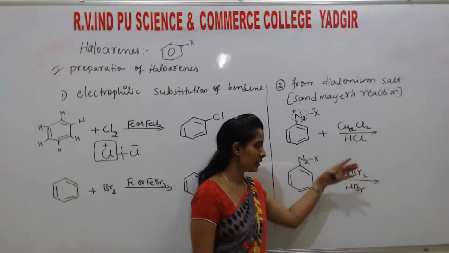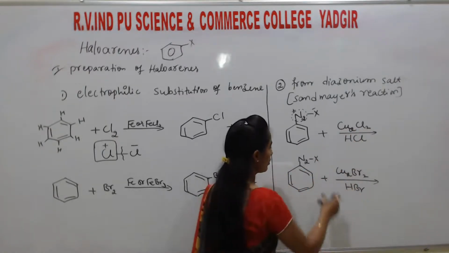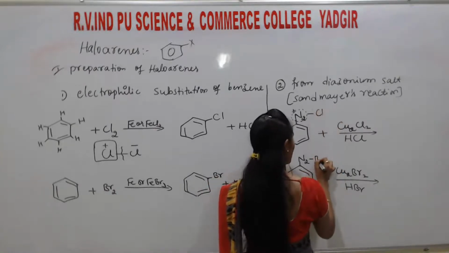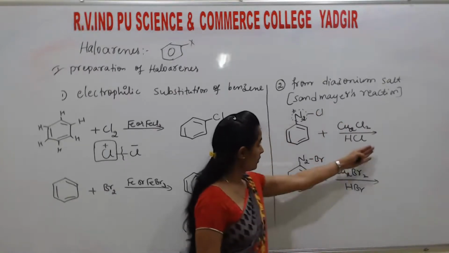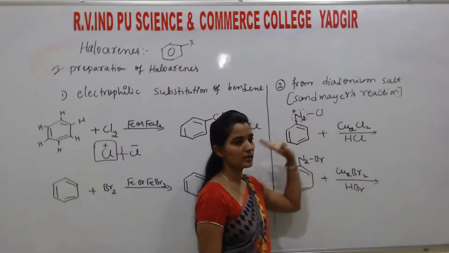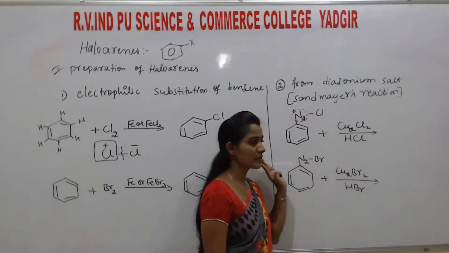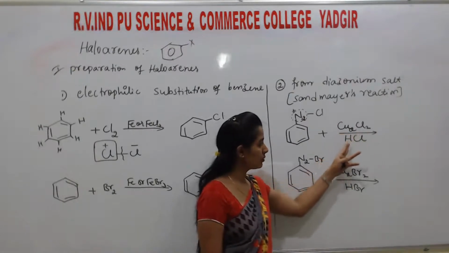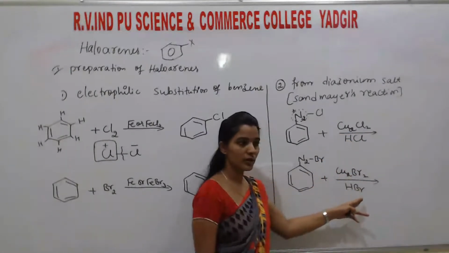Cl you want, HCl; Br you want, HBr. Are you taking note, students? Instead of the Cl, this X may be the same also. If we want chlorobenzene, this is the Cl. Bromobenzene we want, this is the Br, and these are the reagents. Understand? Cu2Cl2, HCl, Cu2Br2, HBr.